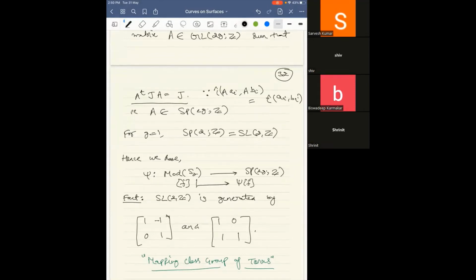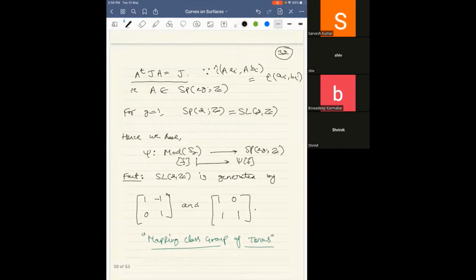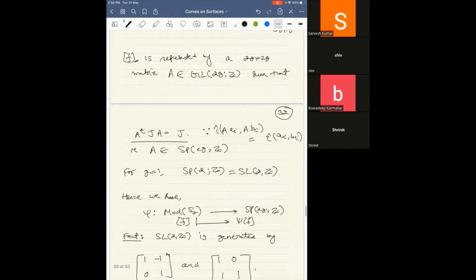This is simply the action on homology. So this is a map from Z^2g to itself, right? And that Z^2g, you can regard it like a vector space, but it is not over a field. But it is a map from Z^2g to itself, and you can represent that map by a matrix, right? Is there a problem?